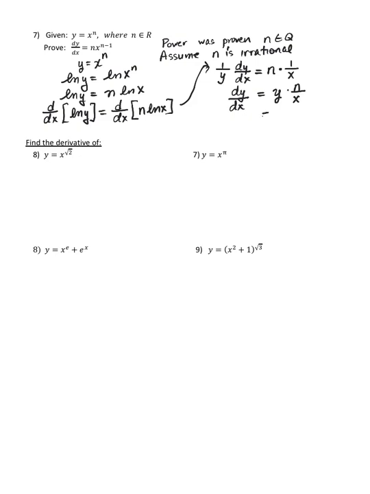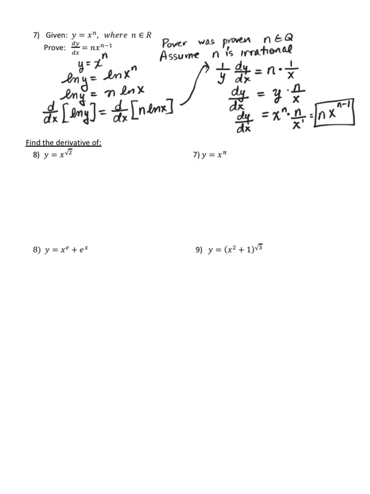And now we bring the y back to what it was originally. And we use the rules of exponents now. So x to the n divided by x is just x to the n minus 1. And hence, we have proven the power rule for any kind of exponent.